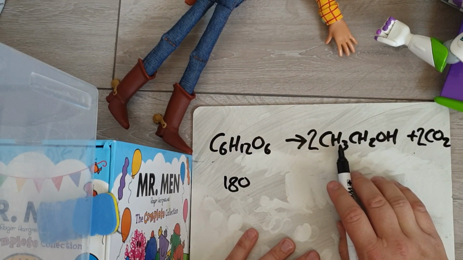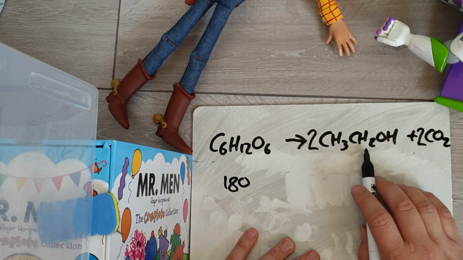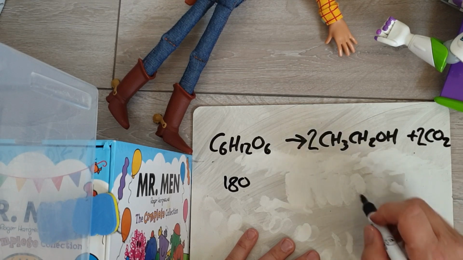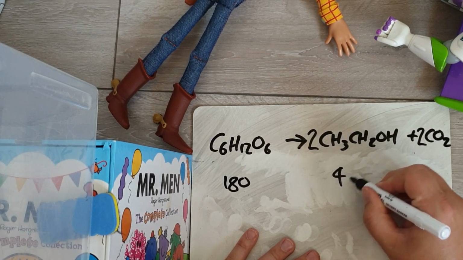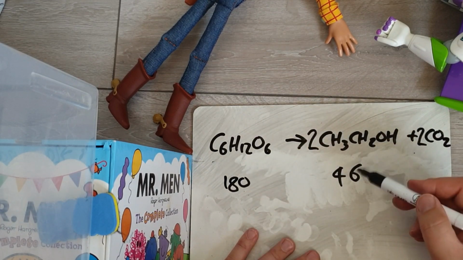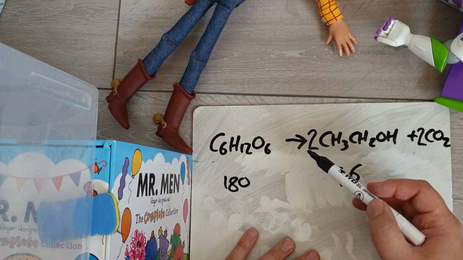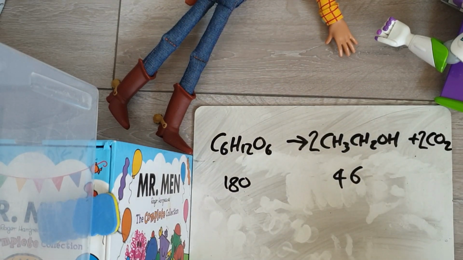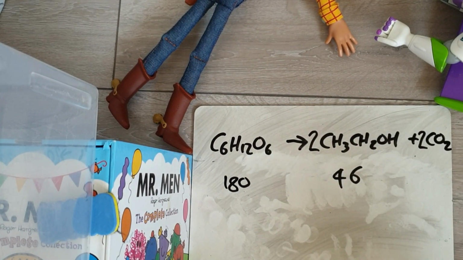We've got 12, plus 3 lots of 1, plus 12, plus 2 lots of 1, plus 16, plus 1, that equals 46. So we're putting in 180, this one is 46, but actually we're getting 2 of these, which is quite useful. So we're getting 2 lots of 46.